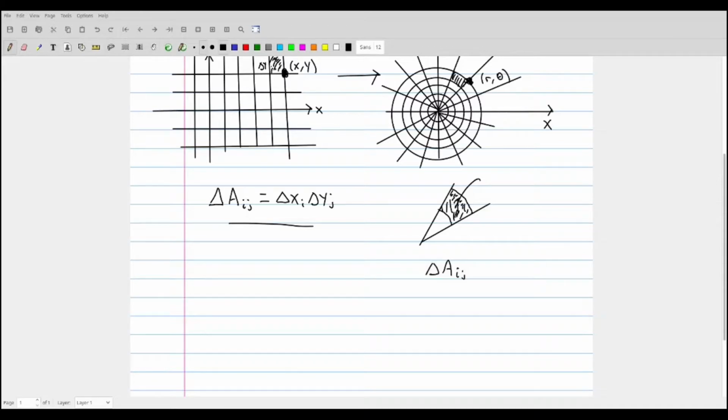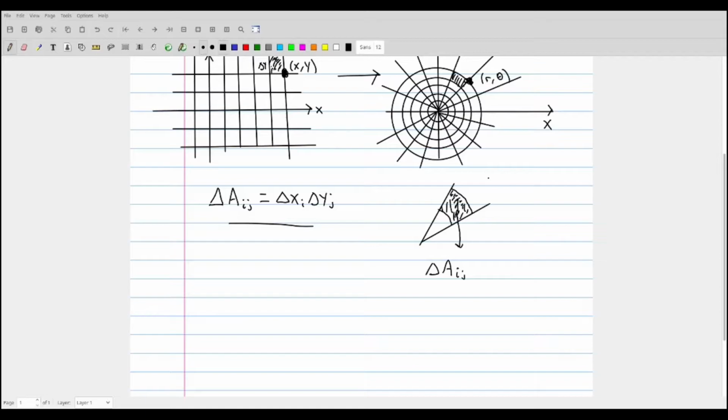And to get some idea of what this should be for polar coordinates, we can use a nice idea that we have from a previous calculus course, which is the formula for the arc length of a circle.